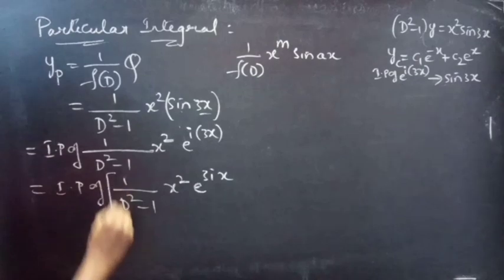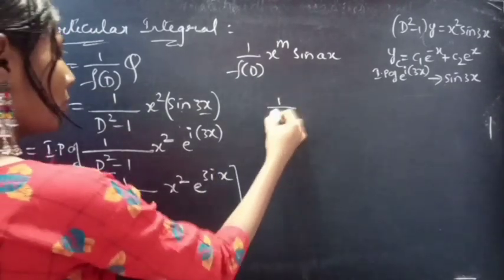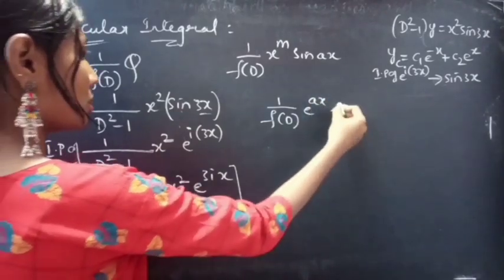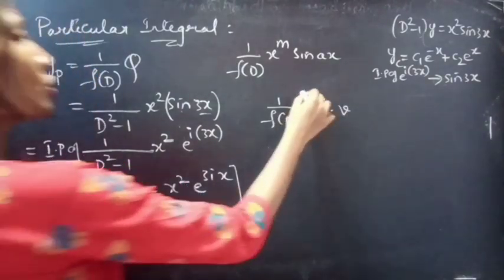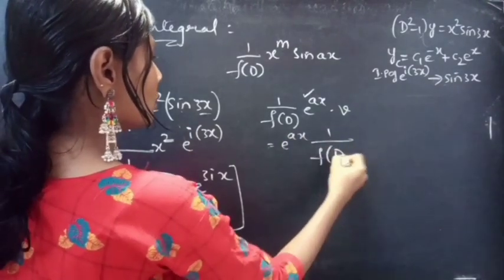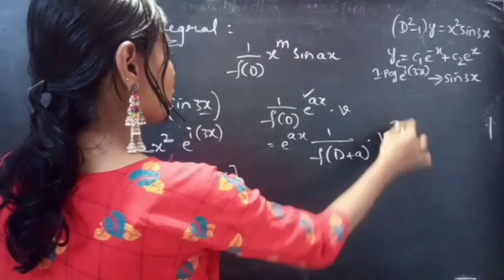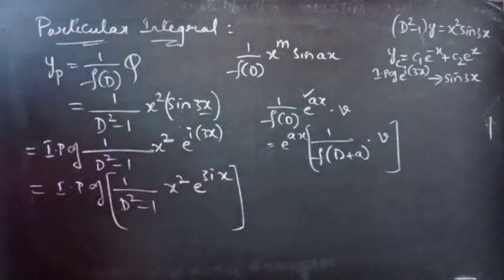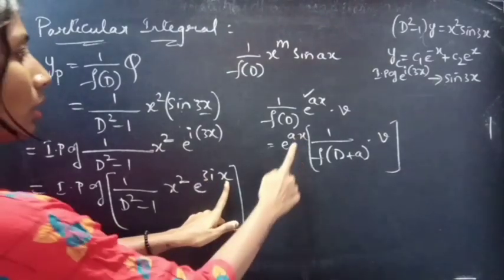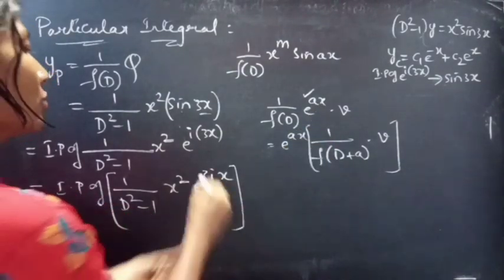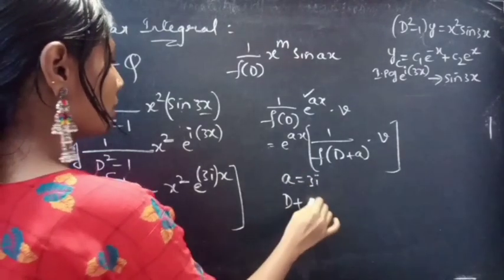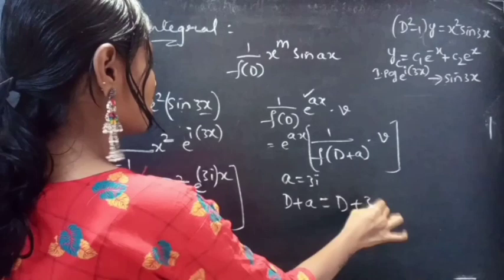And this is of the form 1 by F(D) into e power ax into some V, right? We'll shift e power ax towards the left by replacing D with D plus a, and later we'll operate V with 1 by F(D plus a), right? Now compare e power 3ix with e power ax, then for a equals 3i, we'll find D plus a is equal to D plus 3i.